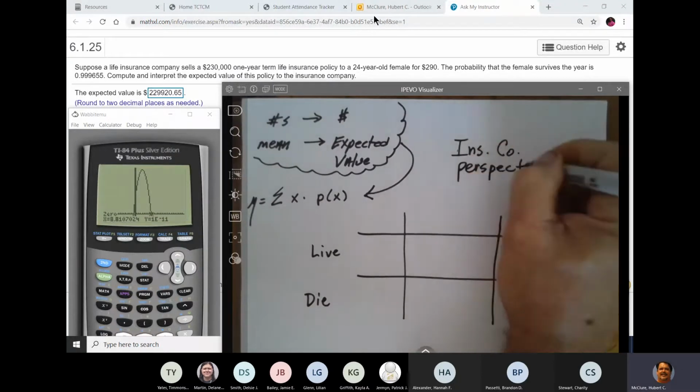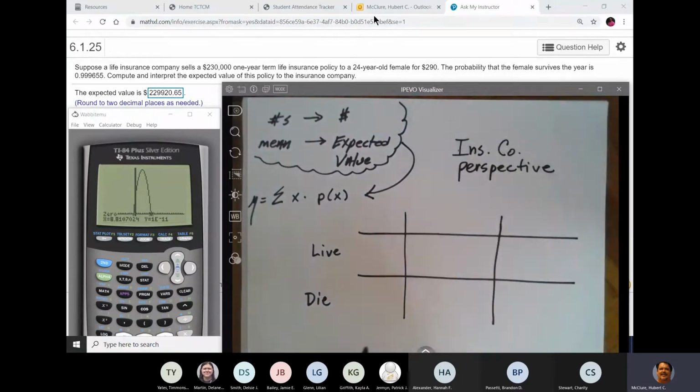So when she gives the insurance company a payment, that is money coming into the insurance company. When the insurance company has to pay something out, that's a negative for the insurance company.